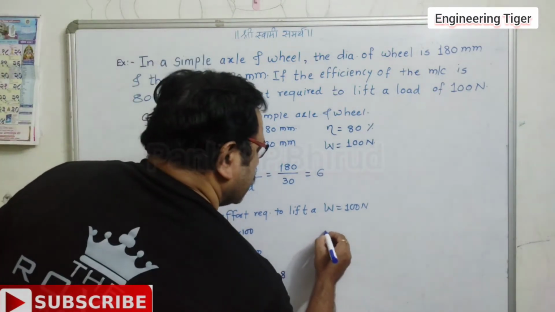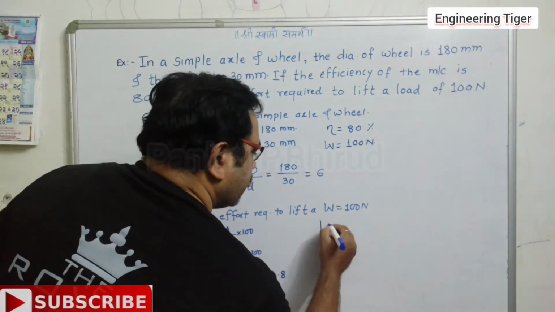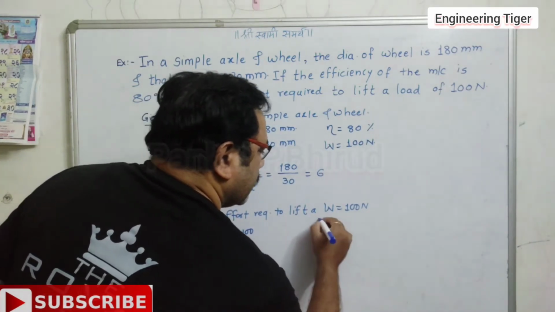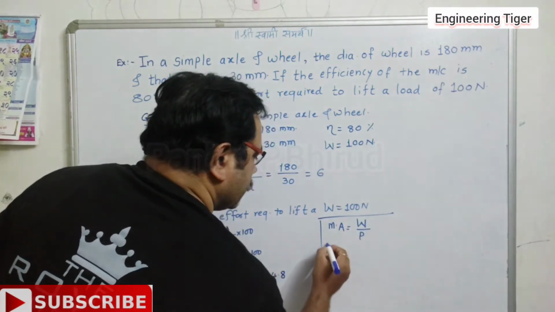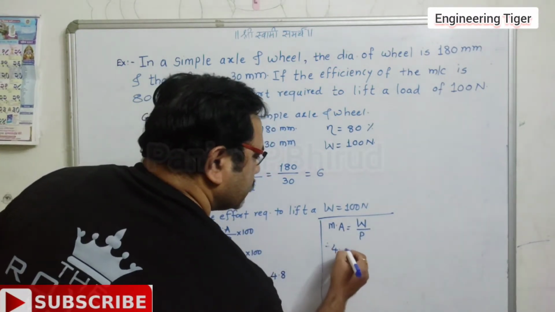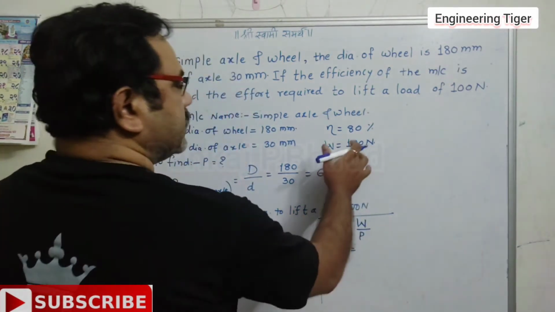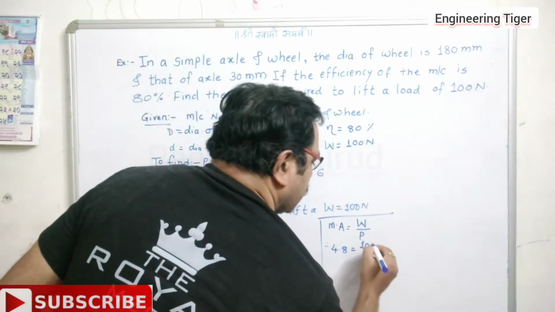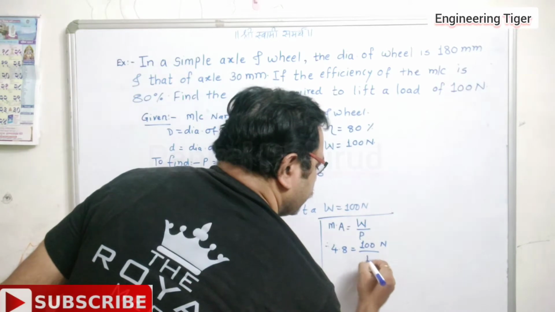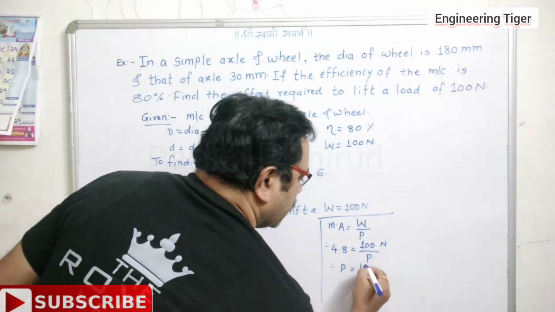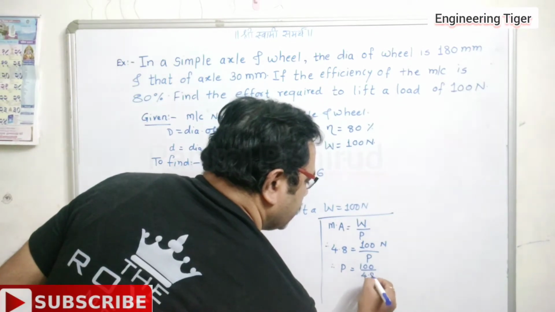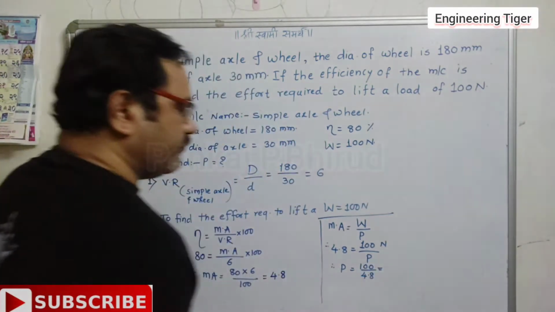Now use the formula of MA. MA equals W upon P. So put the value of MA as 4.8 and W is 100 Newton. Then calculate P. Therefore P is equal to 100 by 4.8, that is 1000 by 48.